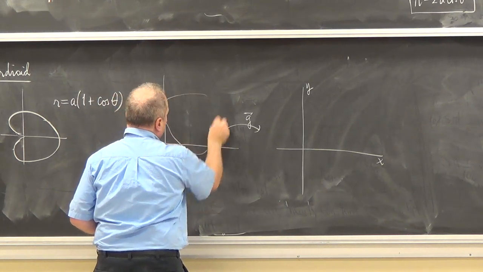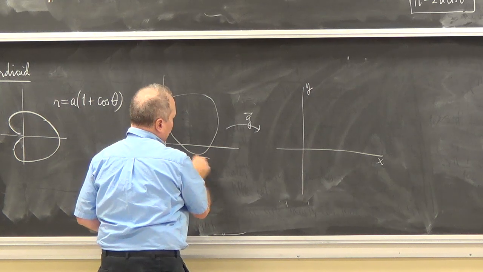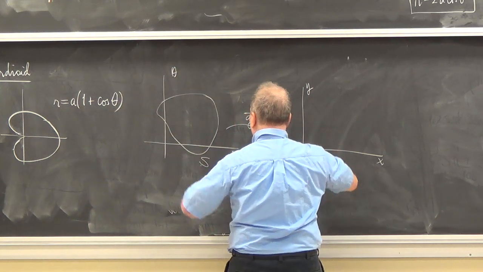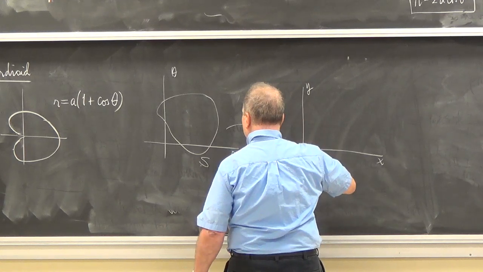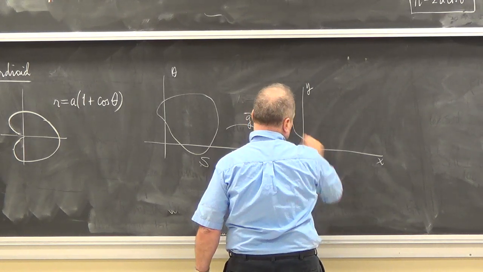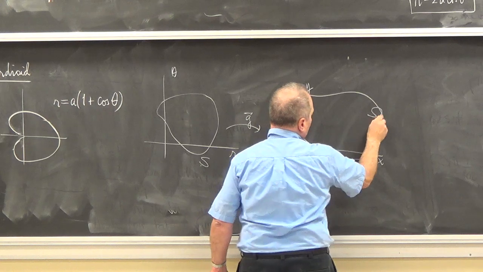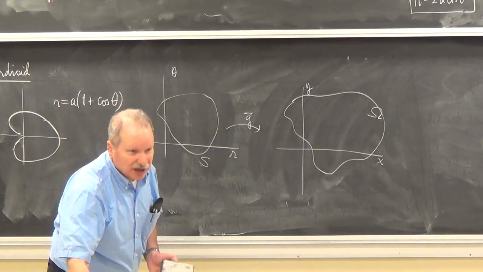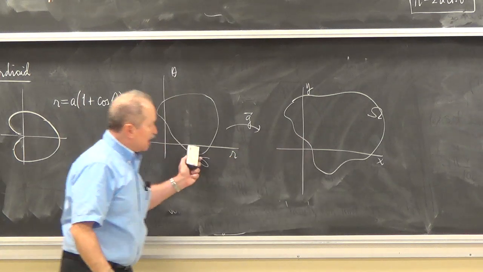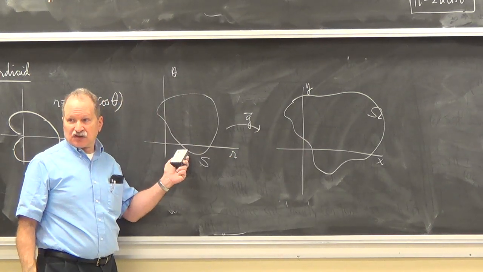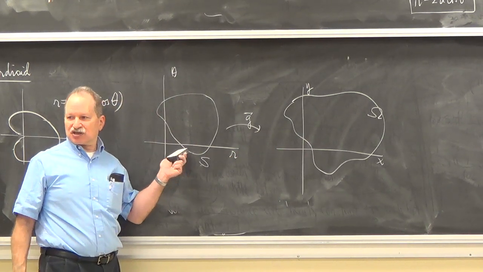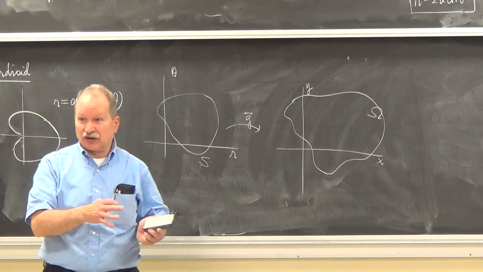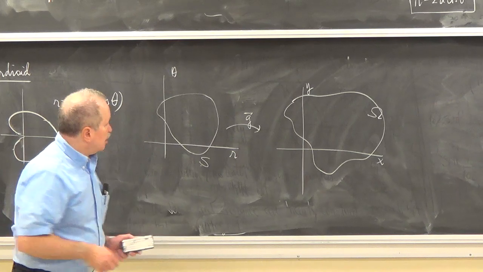There might be some region S back in polar coordinate space that gives me some region, which I'm not drawing at all accurately, omega over here, and I'm interested in doing an integral back in our theta space. This is like you did u substitutions in calculus, where you wanted to convert an x integral into a u integral over a different interval.